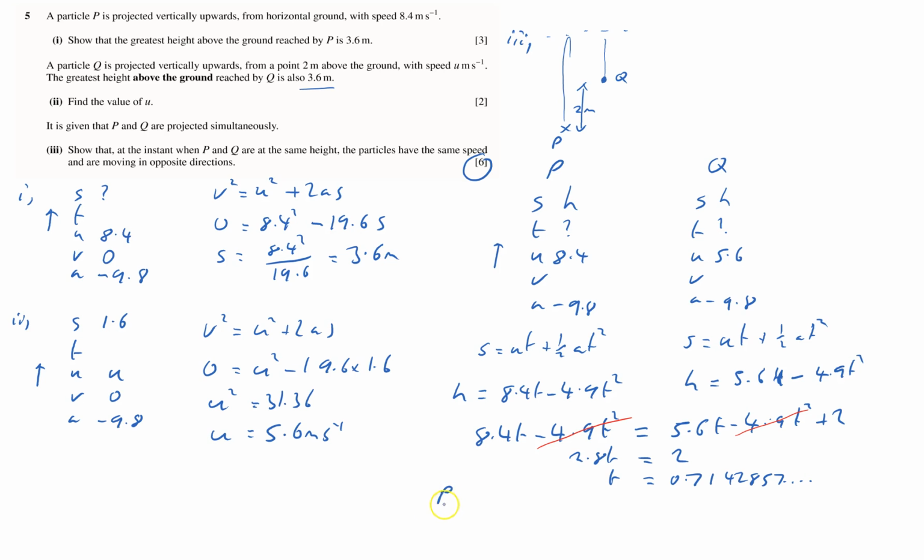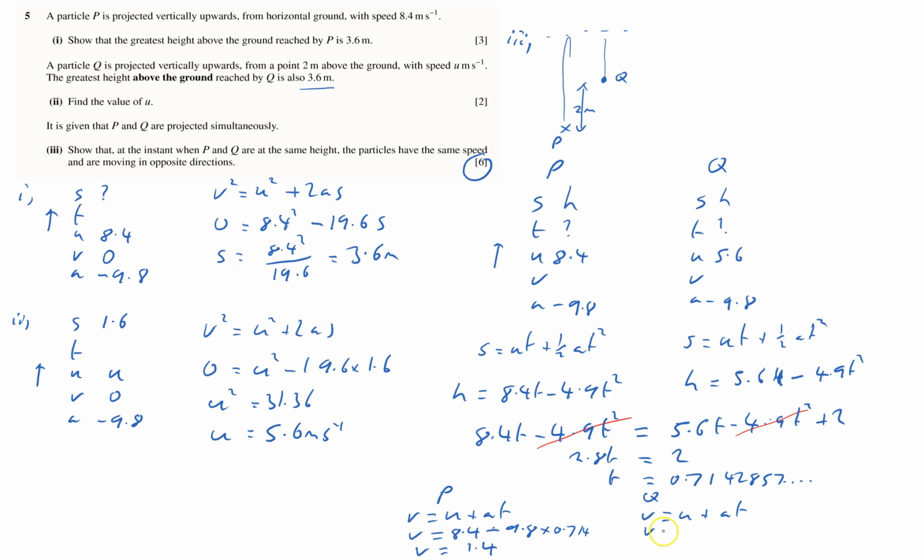So for P, we've got the same as this. We're going to find the velocity, and v will equal u plus at. And for Q, v will equal u plus at. So for P, v will equal 8.4 minus 9.8 times the time we just worked out, 0.714, etc., and v will equal 1.4.